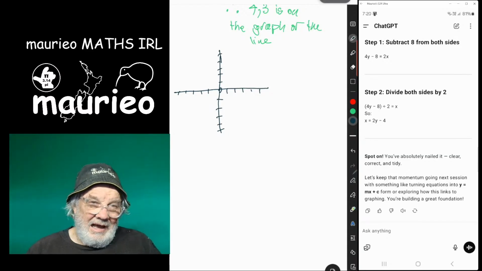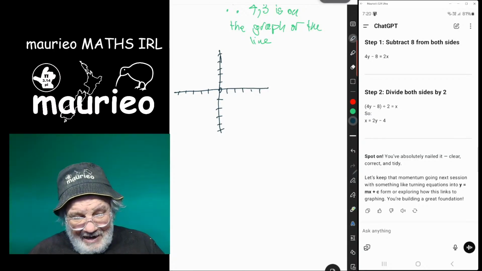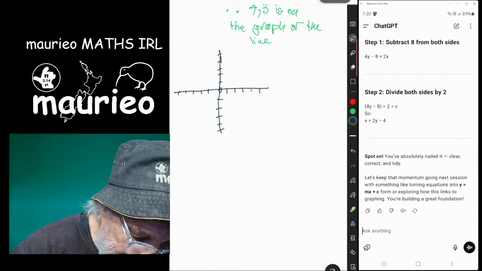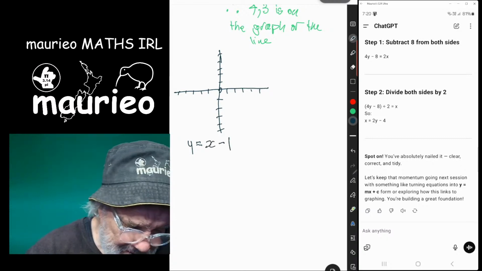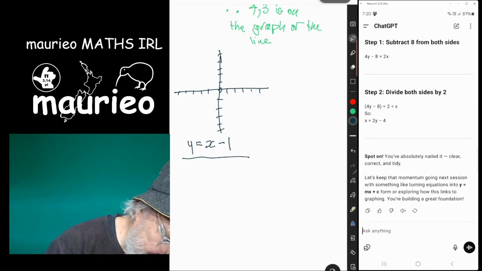And so let's have a look and see how these lines develop. So if we say y equals x minus 1, that's the graph, and we're going to draw it.